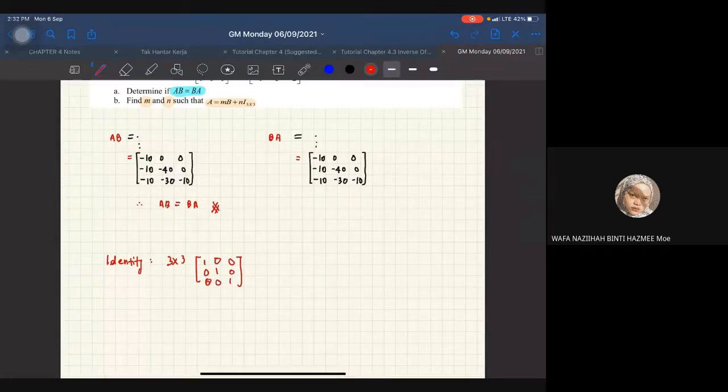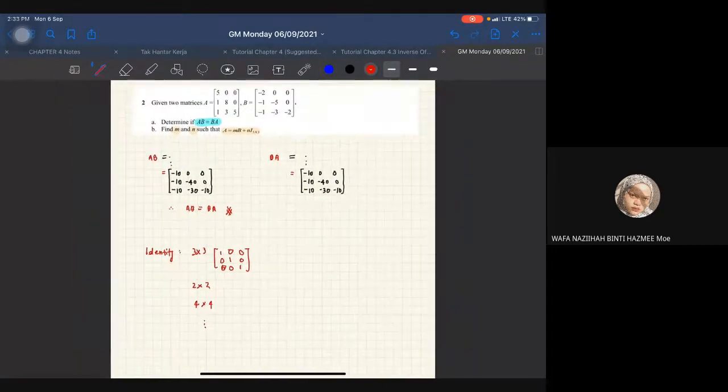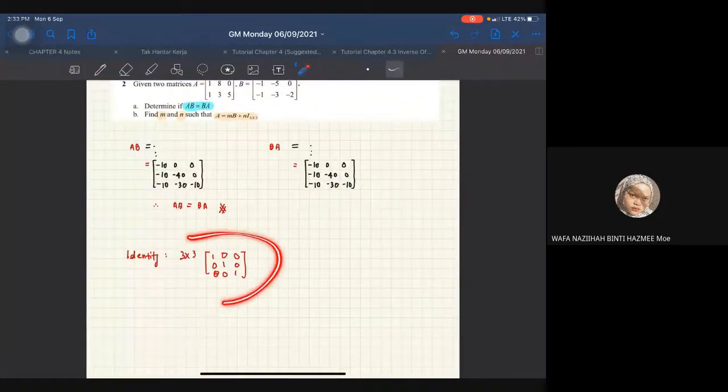Lagi satu, identity matrix ni dia mestilah square matrix. Maksudnya dia mestilah 3 by 3 or let's say we have 4 by 4 and so on. Okay, identity matrix mestilah square matrix sahaja. Okay, so untuk soalan ini kita ada 3 by 3 identity matrix. So we are going to use this one.